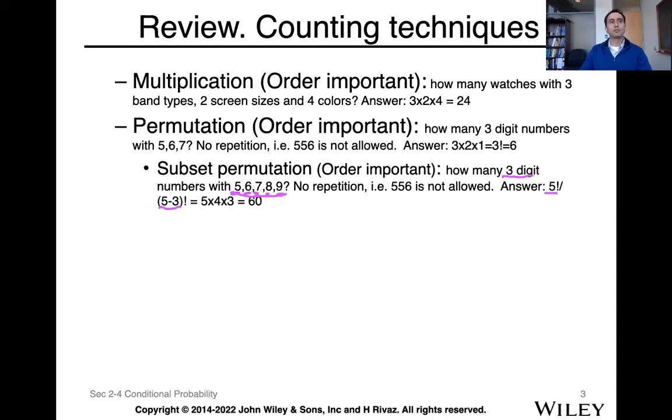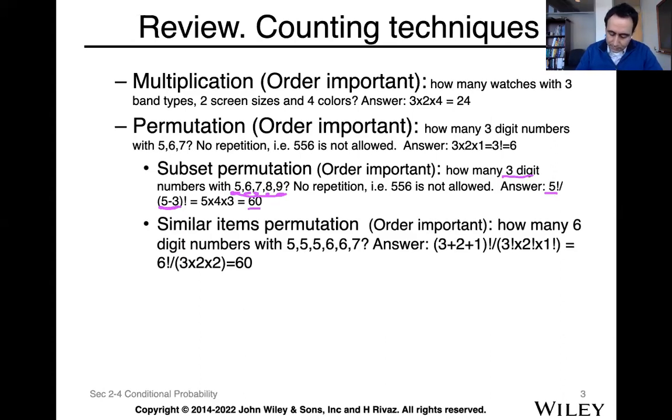And if you forgot how we proved it, you can go and look at it again. I think it's important, but the proof is not necessarily for this course. So the answer is 60, right? So basically the equation was n factorial divided by n minus p factorial, right?